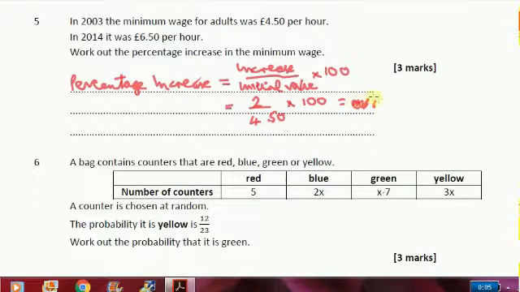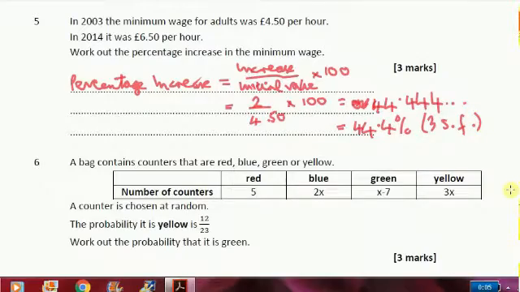Times 100. So it's 44.444 and so on. Let's round it to 44.4% to 3 significant figures. If you're not sure how far to round something, I would suggest 3 significant figures in general is a good one to choose.